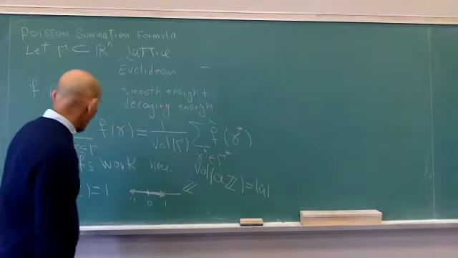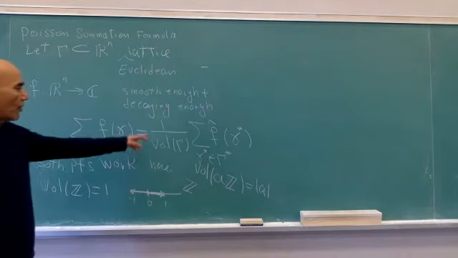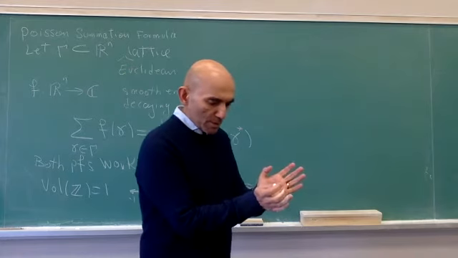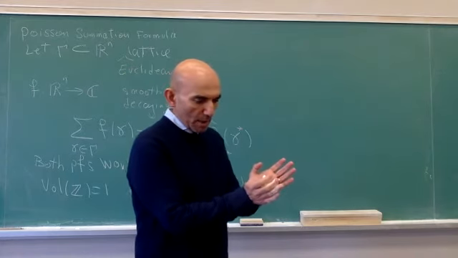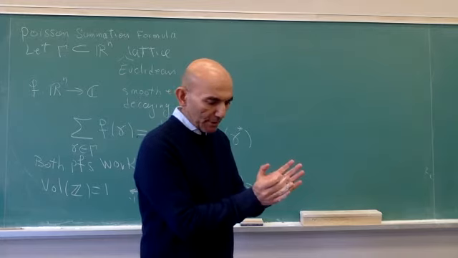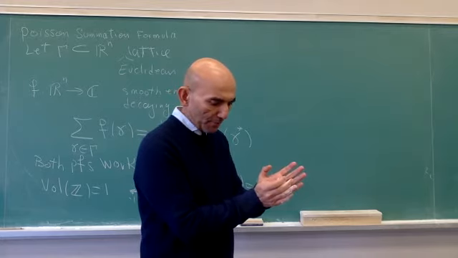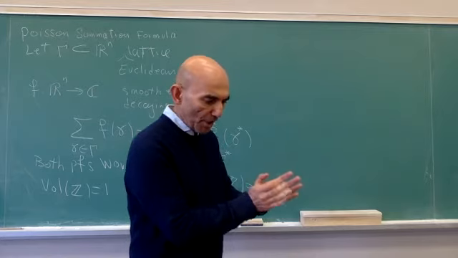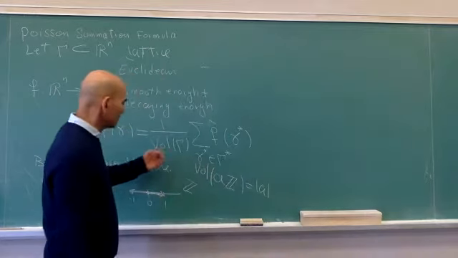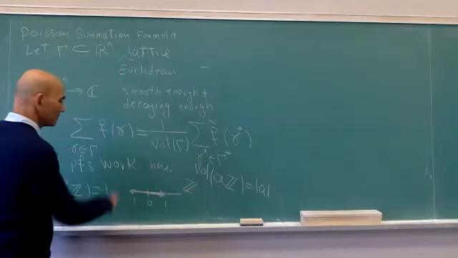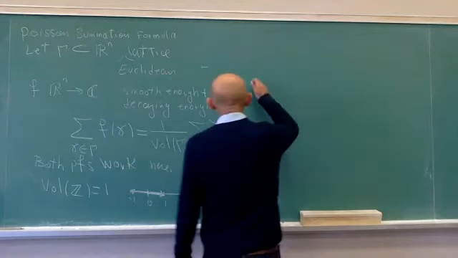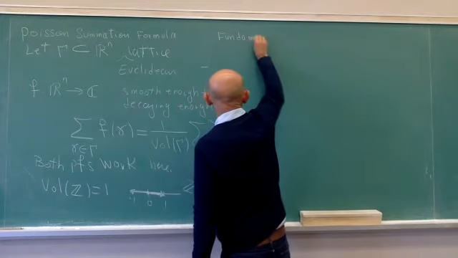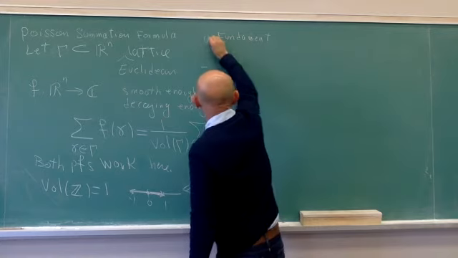And the reason that 1 over volume comes is that when we take those characters and Fourier coefficients to normalize, to get into the Haar measure, you have to divide by some factor, which is the volume of this fundamental domain. By the way, this is called a fundamental domain.